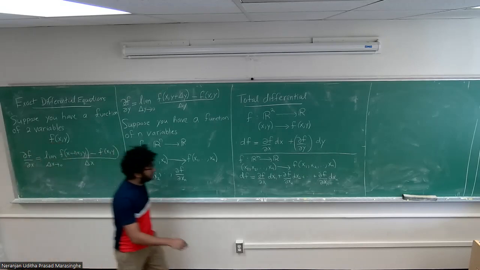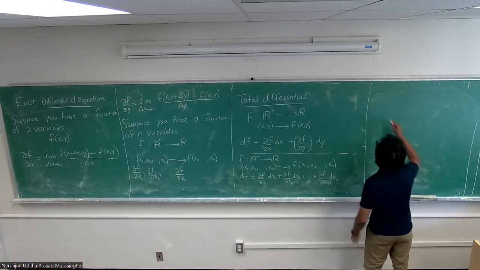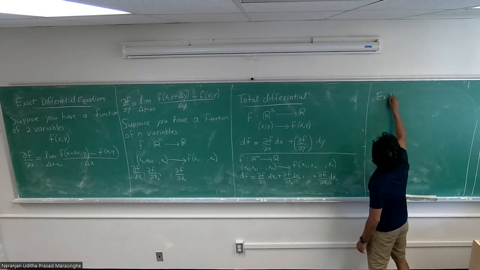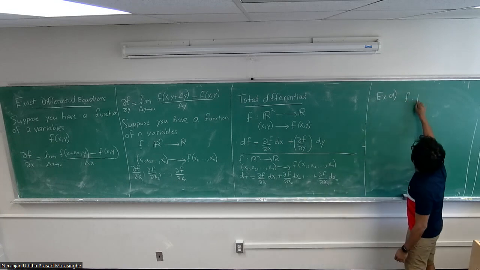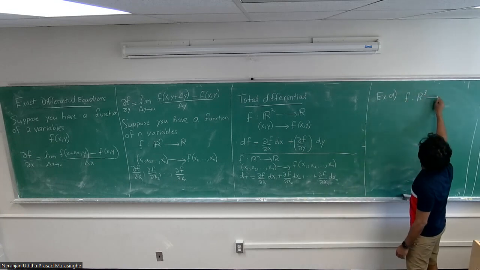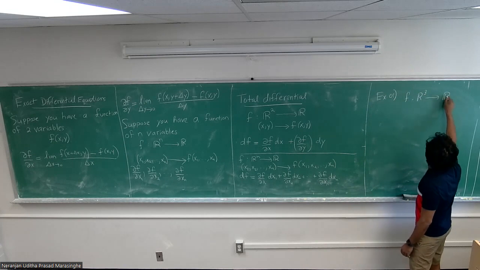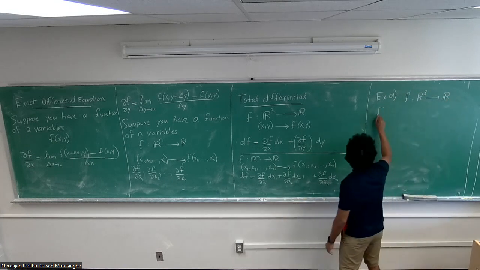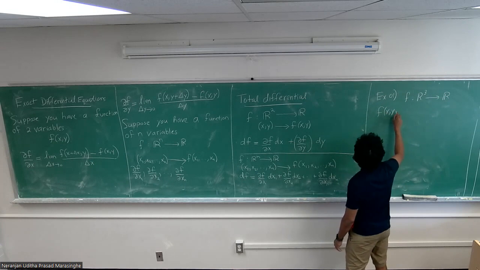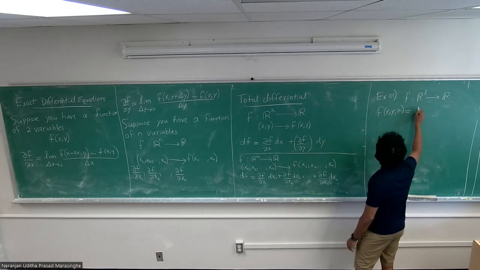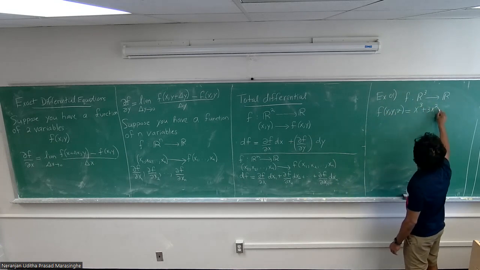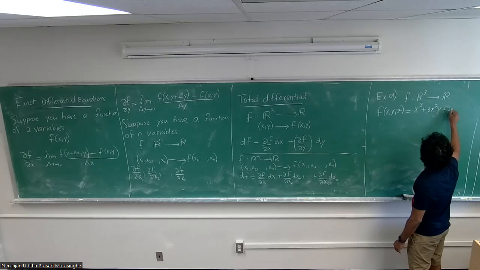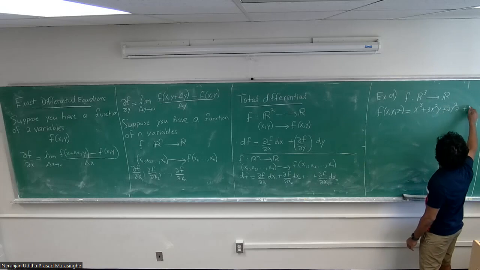Let's do an example. Right. Suppose we have a function of three variables. Suppose f is from R3 to R. Right. So I will define f(x, y, z) equal to x cubed plus 3x squared y plus 2y squared z plus z to the power 3.